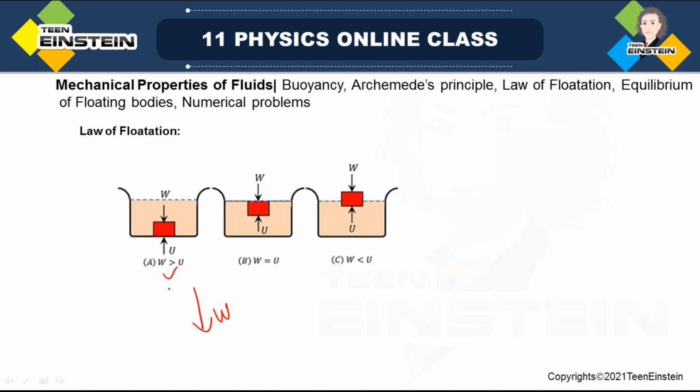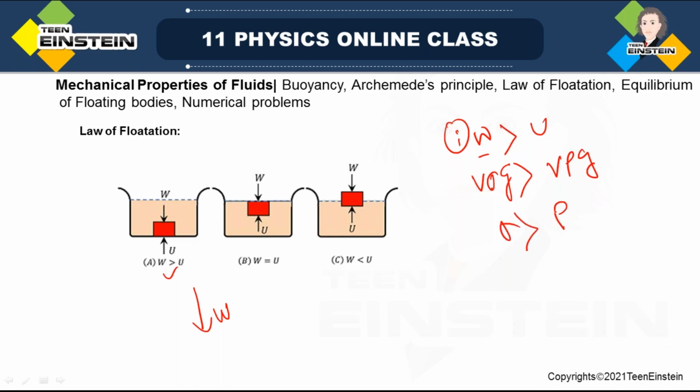So from here what we can write, in the first case, W is greater than U. We know this is V sigma G, and this is V rho G. Sorry, just a minute, V sigma G and V rho G. And in this case, the sigma has to be greater than rho.